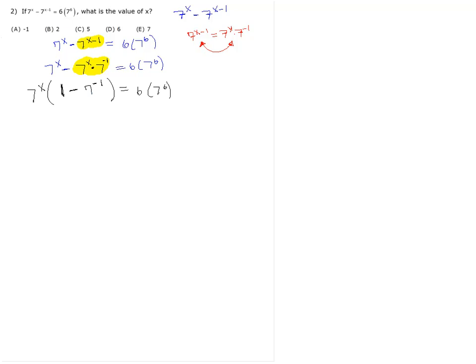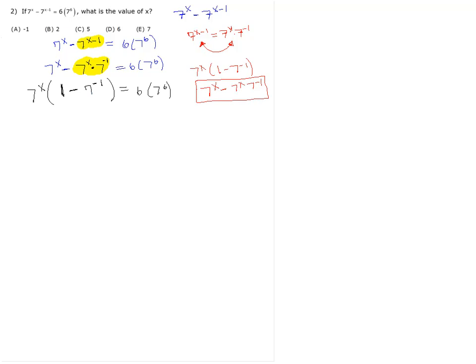Now let me break that out too, because a lot of students are unsure about this step. I'll do it in red as well. The key to checking your work is you must be able to distribute, as we would say in math. You must be able to distribute the term you factored out back through and get back to what you had before. So I actually have to be able to multiply the 7 to the x back through the parentheses to get back to the line prior, which I can do.